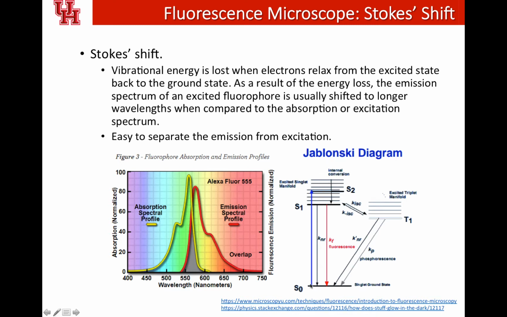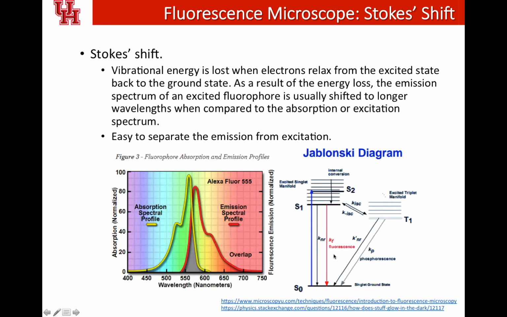So you have this ground state, and this blue line means the electrons in the molecule have been excited to the excited singlet state. Because of vibrational relaxation, it comes down to a lower excited state, and then it jumps back to the ground state.